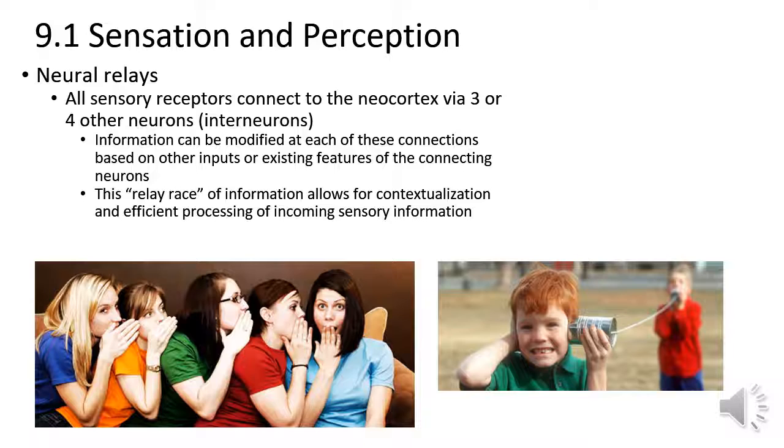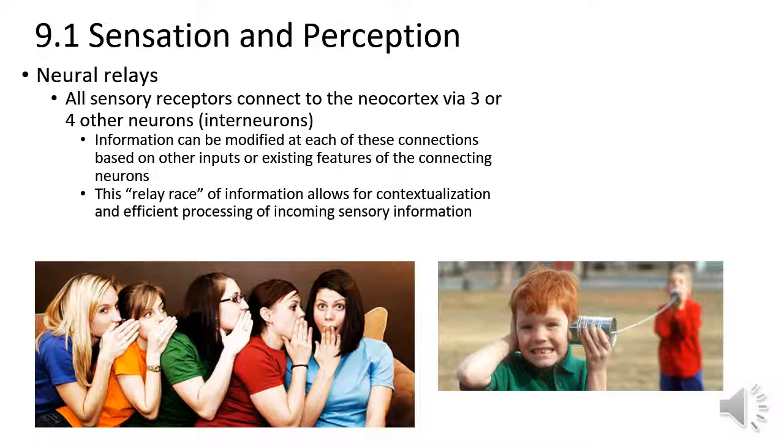Neural relays. All sensory receptors connect to the neocortex through 3 or 4 other neurons. They have to; it's not just axon to cortex. They have to connect to a couple of other brain areas and therefore a few other neurons, which are interneurons. If you remember, interneurons connect sensory neurons to motor neurons.